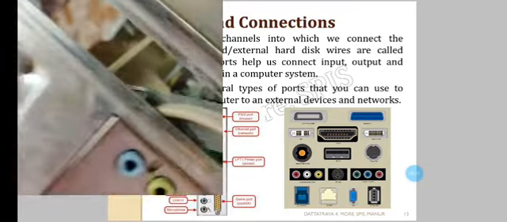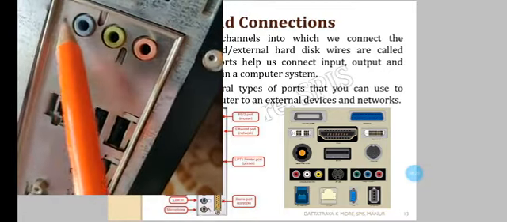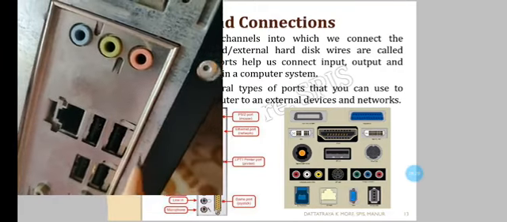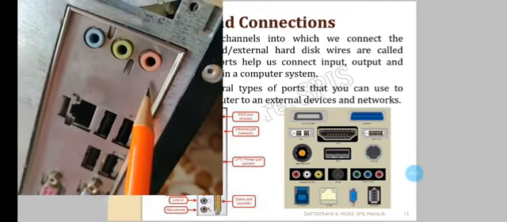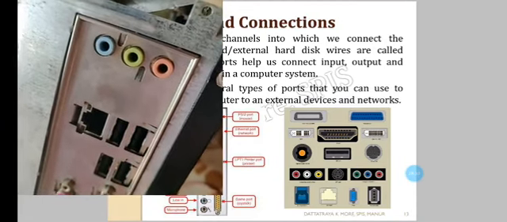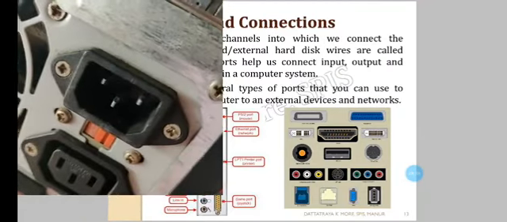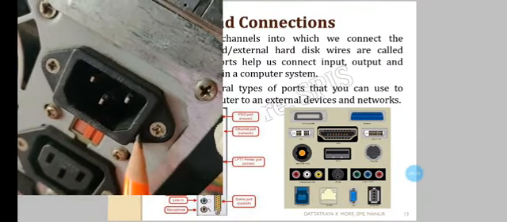Now here are 3 different colored ports, 1, 2 and 3. These are useful for the mic, then the speaker, and one is auxiliary. Upside here is the power port.